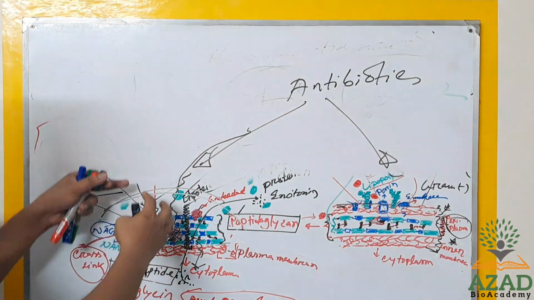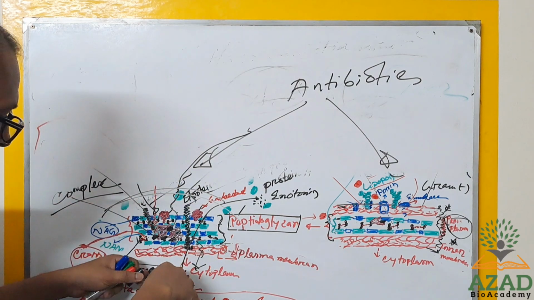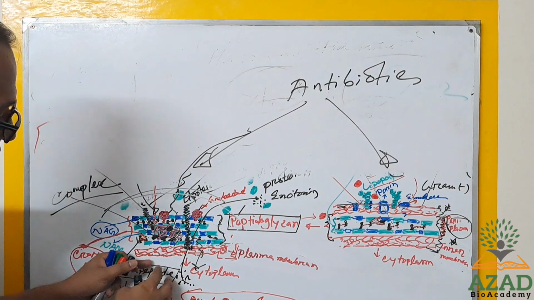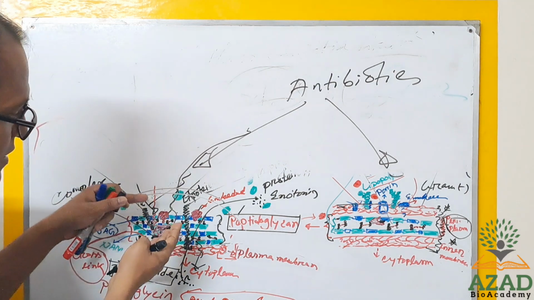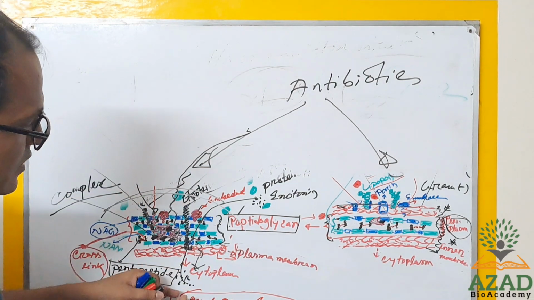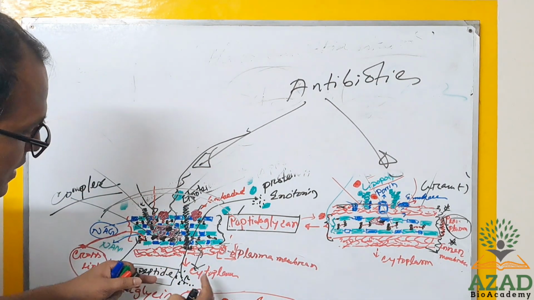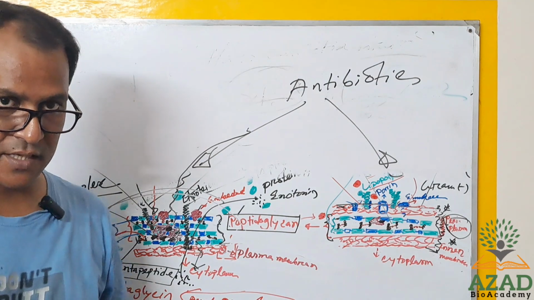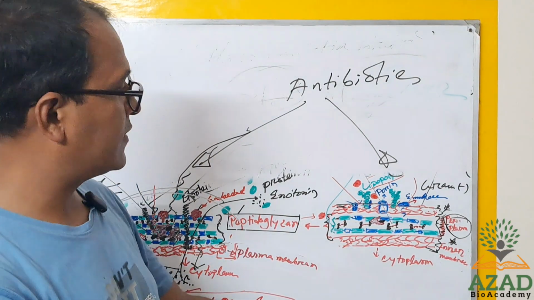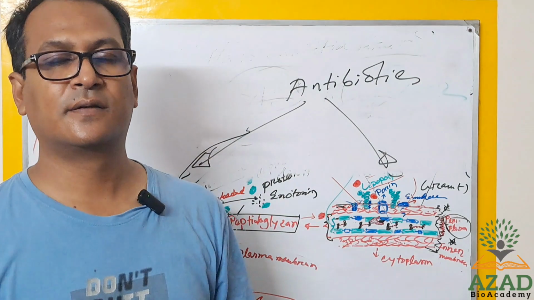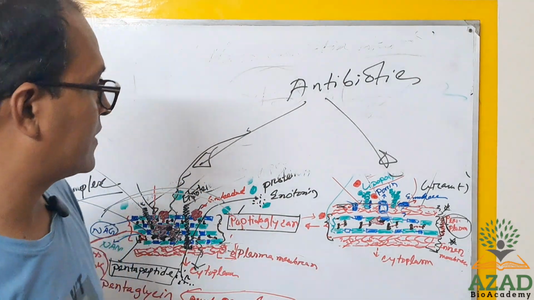But here it is very easy to enter the cell, and it can interact with the peptidoglycan, that is the cell wall. It can interact with the membrane, and it can also interact with the internal genetic material or ribosome and the like. But here it is actually difficult to enter.